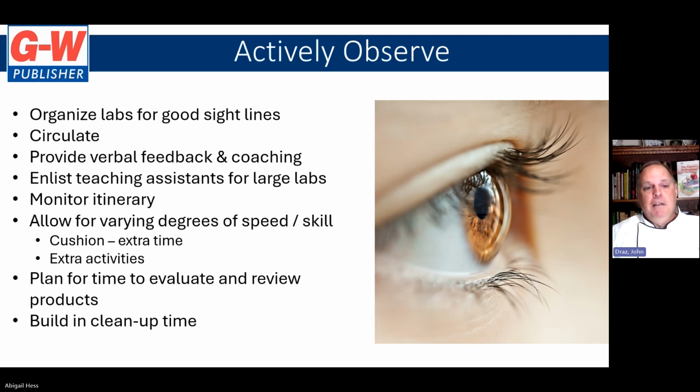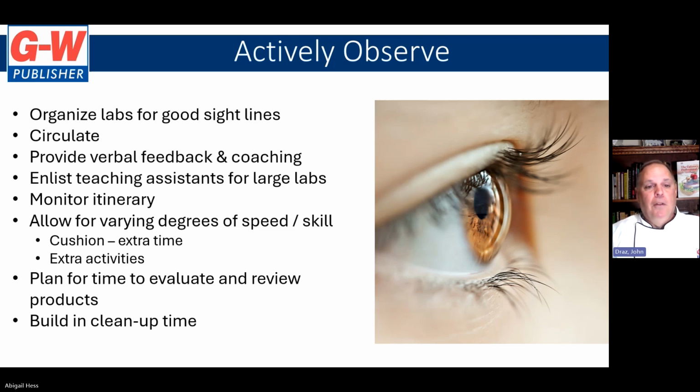What you can see up close and what you can see from across the room are very different things. And going from student to student, station to station, continually walking around, makes you an active part of the lab. And as you're doing that, give verbal feedback, concise.